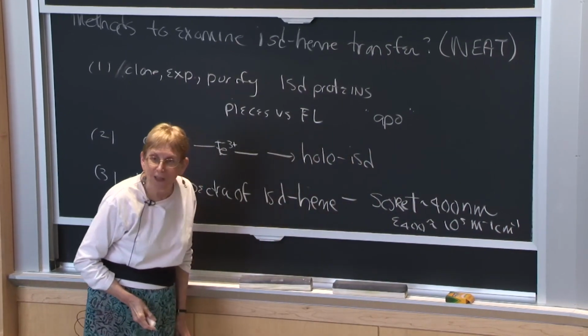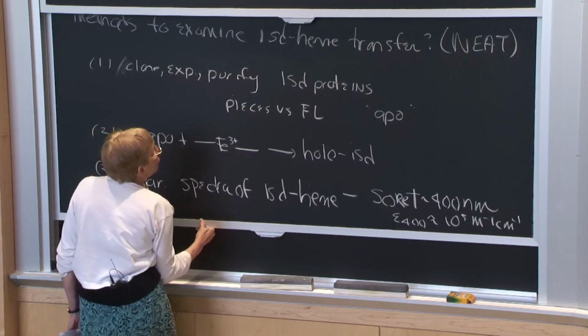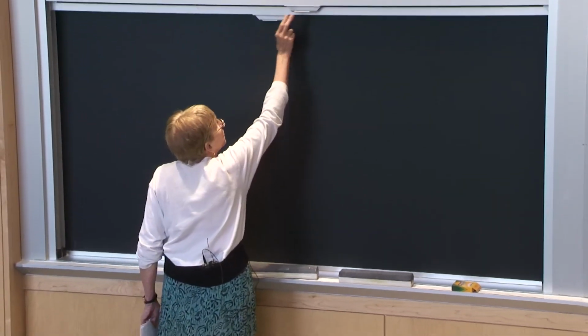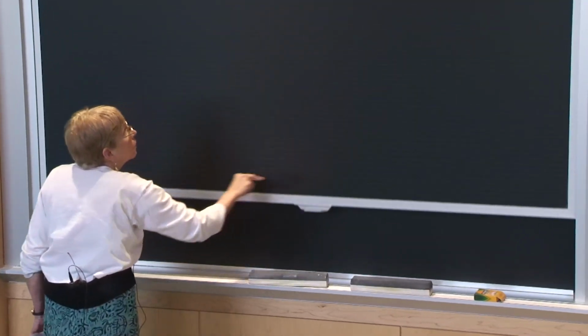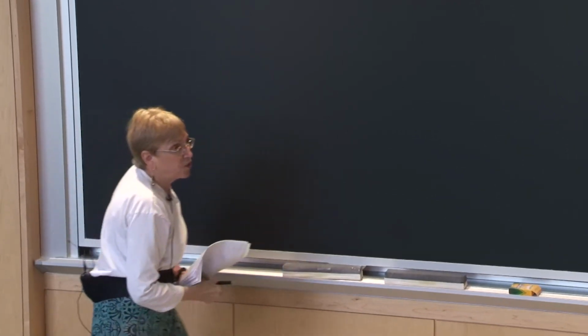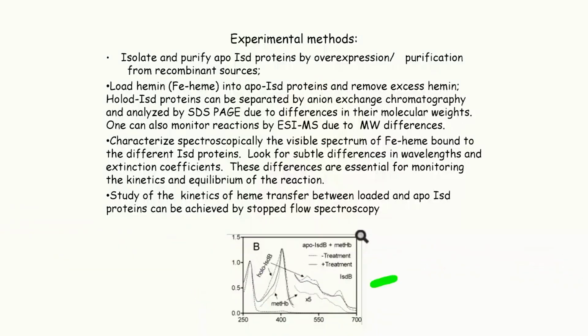That's why people have studied hemes over the years, because heme is so much easier to see than any non-heme iron system. What you can also see, which turns out to be quite useful, are these much weaker bands between 500 and 650. Those bands can also be used if you have enough sample, and they're more distinct. They're indicative of the coordination environment of the heme, whether it's hexacoordinate or pentacoordinate.